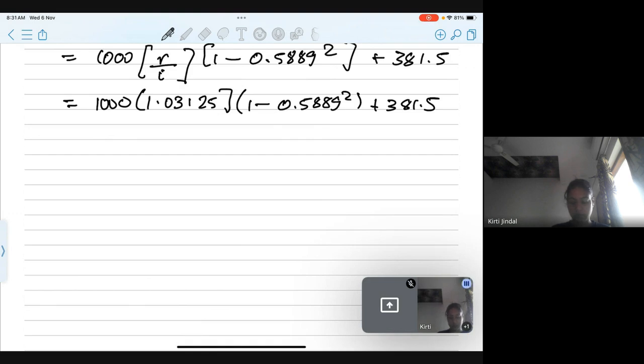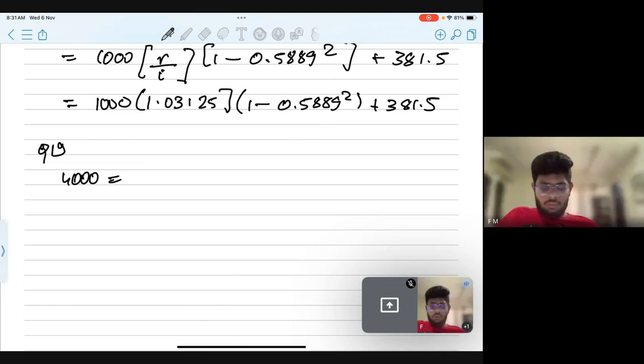Two equations are 4,000 equals 2,000 v plus 4,000 v squared. No, so there will be only one equation.